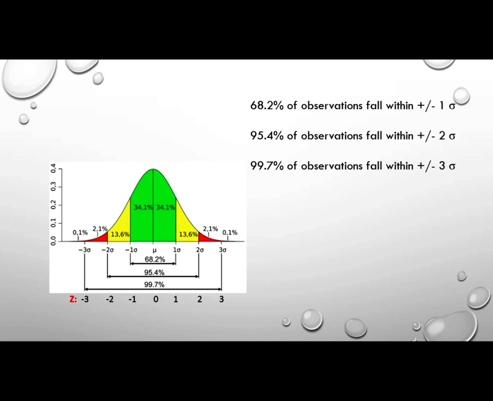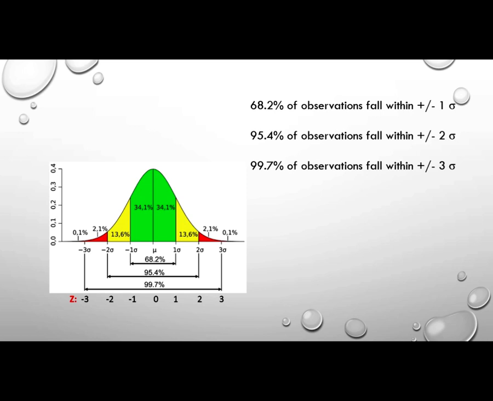Okay, so if you're looking at the normal distribution, here we are with a mean of 0, right in the middle, there's mu, plus or minus 1 standard deviation, plus or minus 2, and plus or minus 3 with a little bit of extra probability in the tails. If you look in the green, 68.2% of observations will fall within plus or minus 1 standard deviation from the mean.